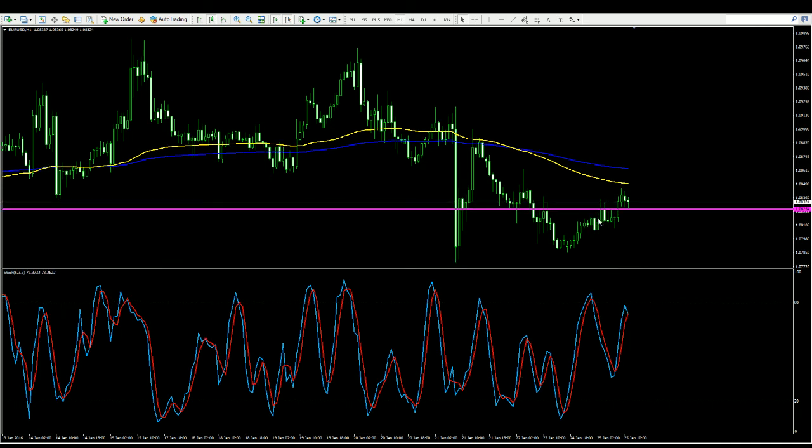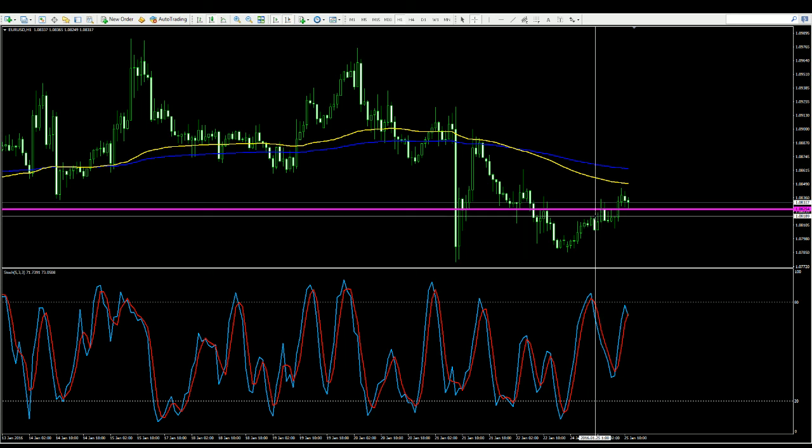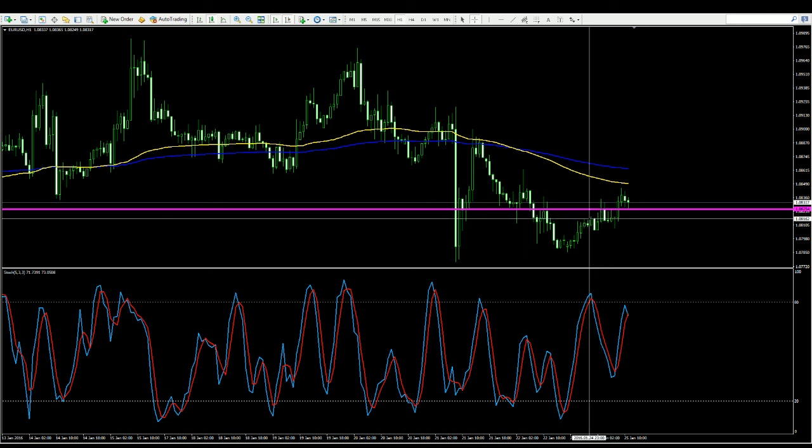So as you can see here at this level on the candlesticks, right below the resistance line here. So what do you see there? Again, you see that right before, right to the left here, the prices were overbought, right?